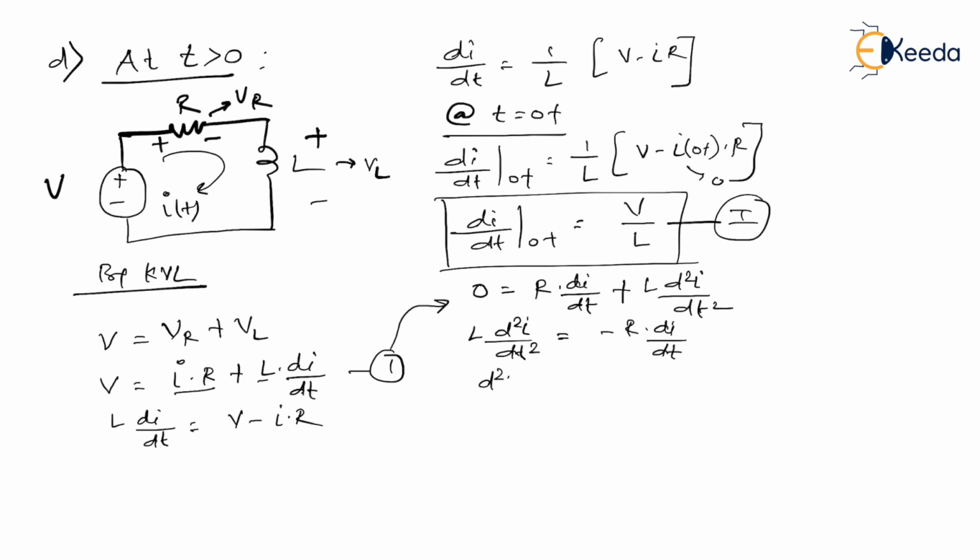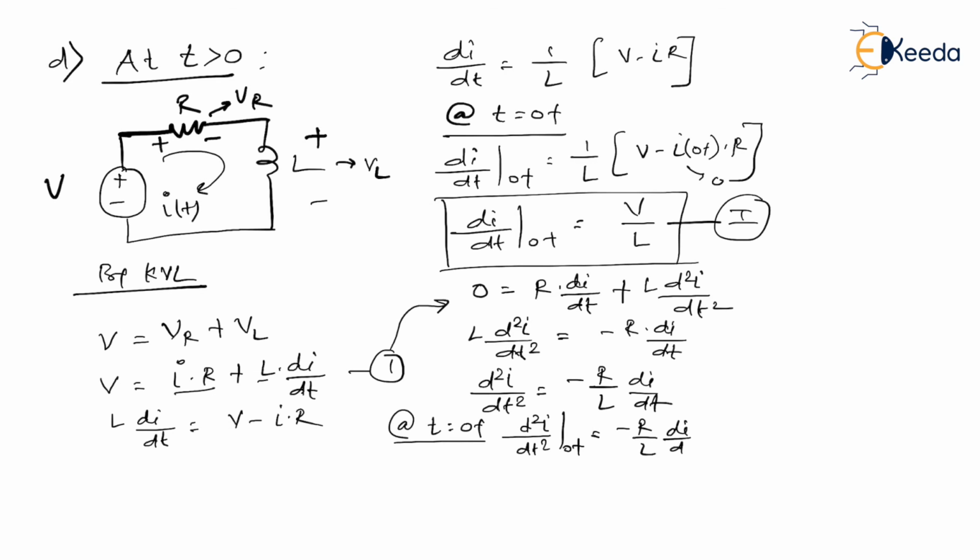Or I can say d square I by dt square is simply minus R upon L times di by dt. I can say d square I by dt square at 0 plus is simply minus R upon L times di by dt at 0 plus. So do we know the value of di by dt there?